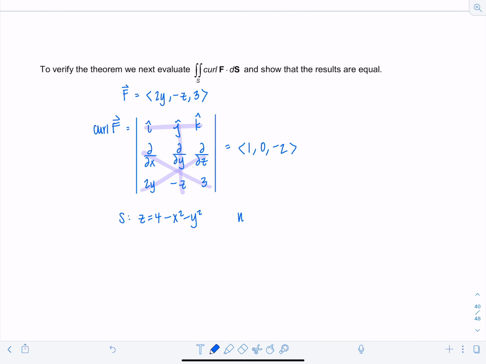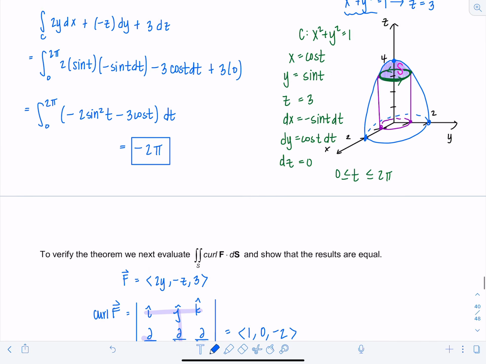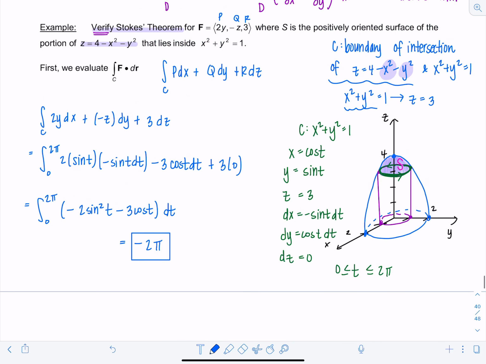Now what am I going to use for my normal? Remember, you have two options. Either you have positive partials for the first two components and a negative 1 for z, or you have negative partials for the first two components and a positive 1 for z. We'll look back at your picture. Standard positive orientation is outward or upward.